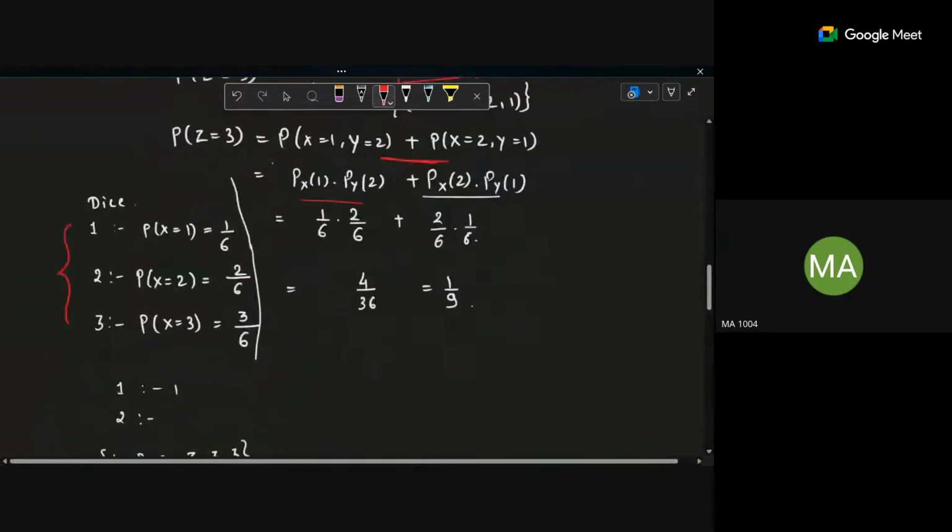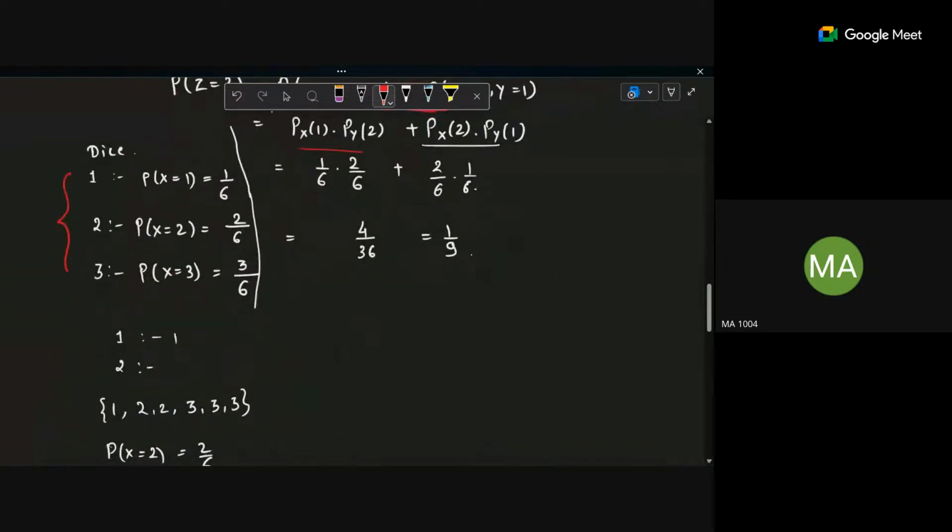Now come to this one. Why did we add here? First thing, it was a fair die. That means the probability of getting any face is 1 by 6.